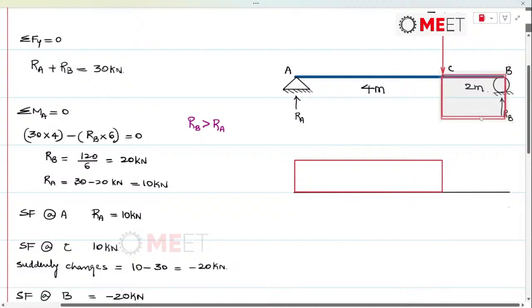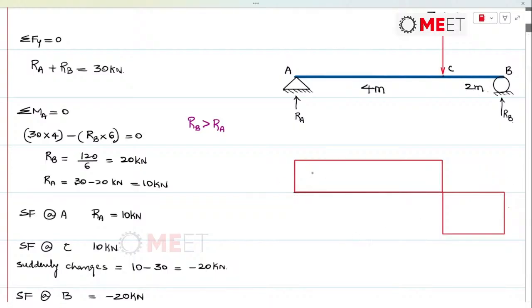And as we are dealing with point load, the shear force variation will be specified by a horizontal line. So this is the shear force from A to C, which is 10 kilonewtons and positive. And here the shear force is negative, and this is going to be 20 kilonewtons.